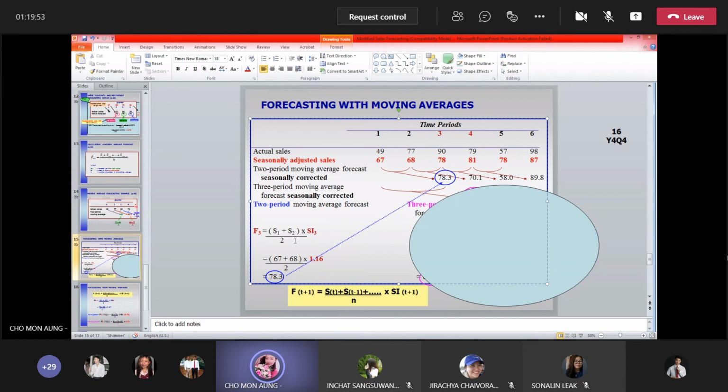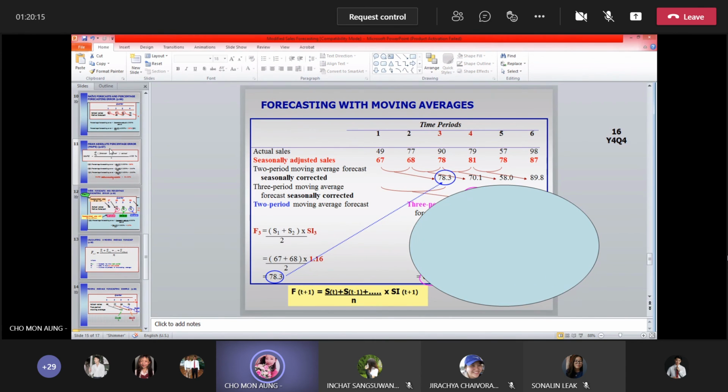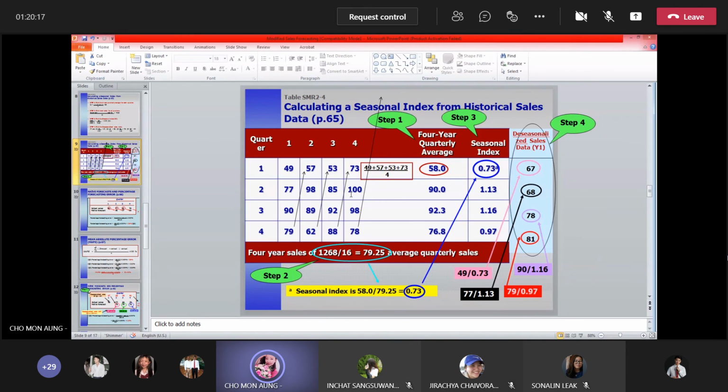So if you look at here, we have the deseasonalized sales of period 1 and period 2. 2 periods, therefore we divide by 2. But we are forecasting for period number 3. Therefore, we multiply by seasonal index of quarter 3. So seasonal index of quarter 3, if you forget, come back to the table here.